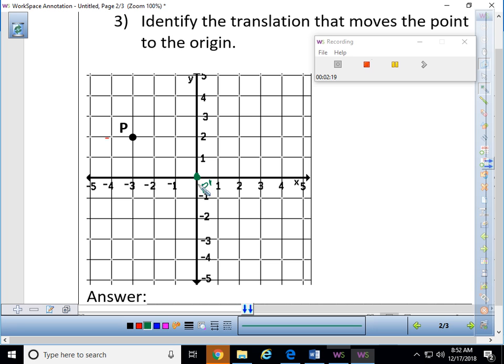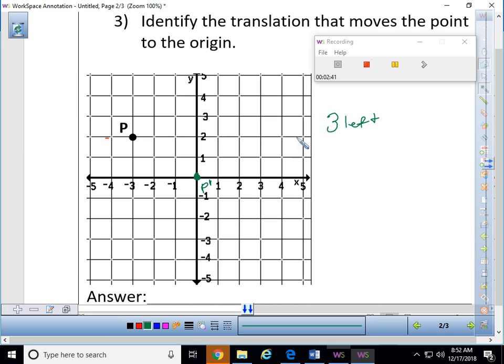What do we have to do? Well, we have to go 1, 2, 3, so we need to go 3 left, and then 2 down.